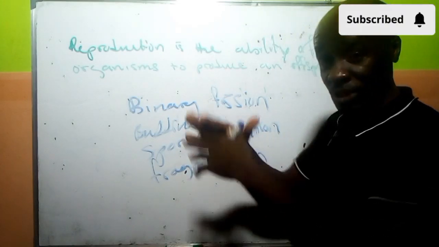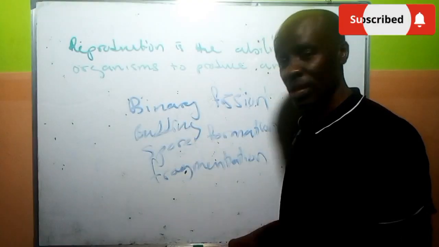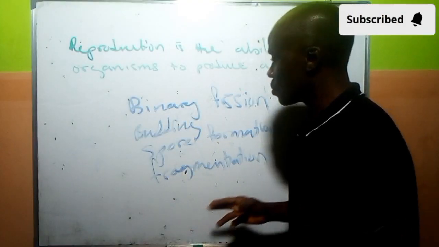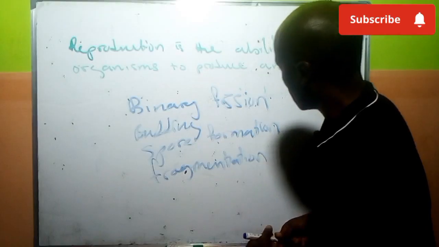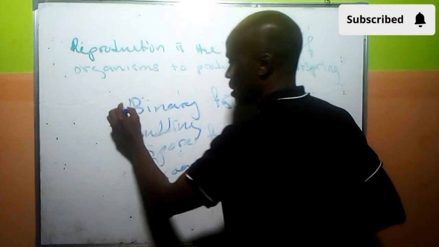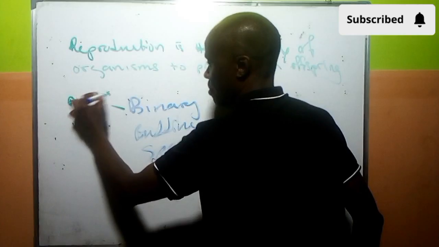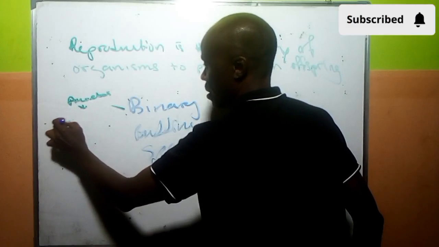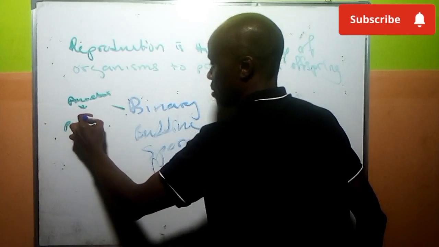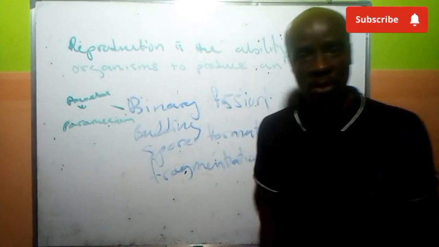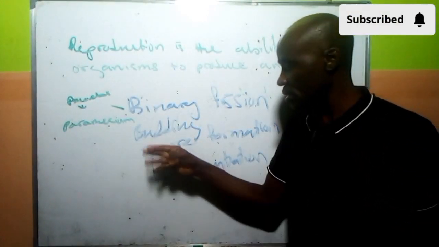There's always a split, and then it produces offspring. An example of organisms where you can see this, like I said earlier, is Amoeba, and also Paramecium.